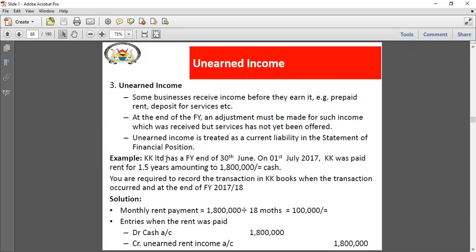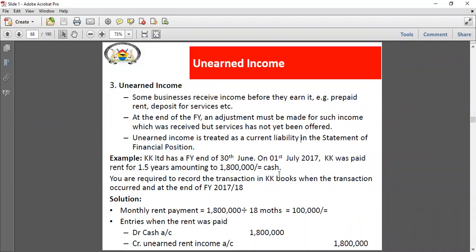They are saying that KK Limited has a financial year ending 30th June. They're saying on 1st July 2017, KK was paid rent for 1.5 years amounting to 1,800,000. So this 1.8 relates to 1.5 years.